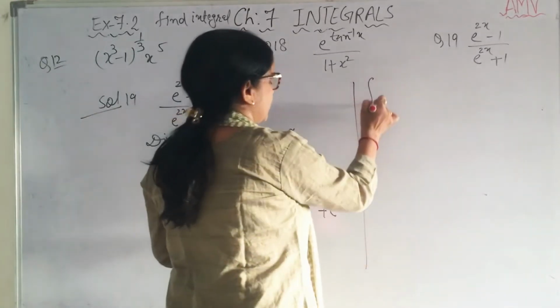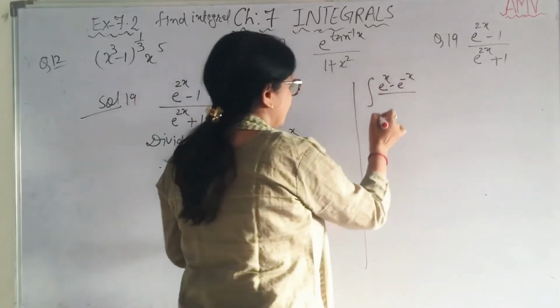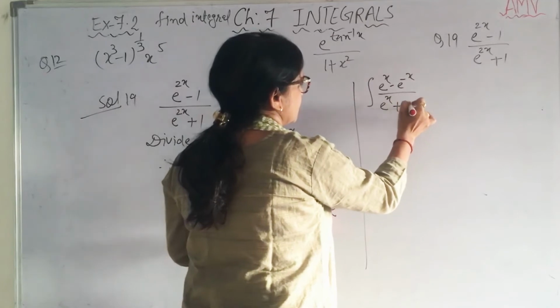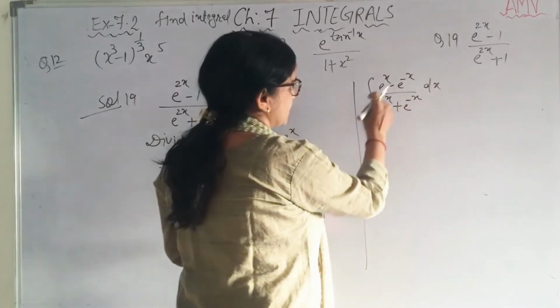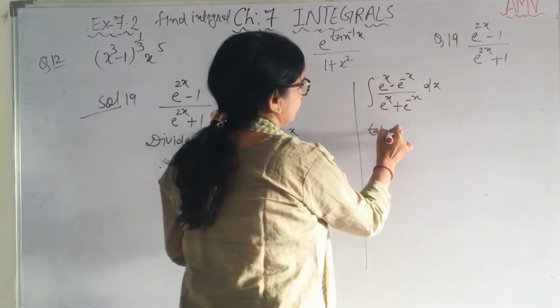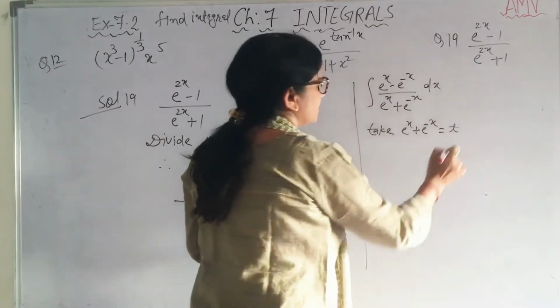Now the integration of (e raised to x minus e raised to minus x) by (e raised to x plus e raised to minus x) dx. So students, take e raised to x plus e raised to minus x as t.